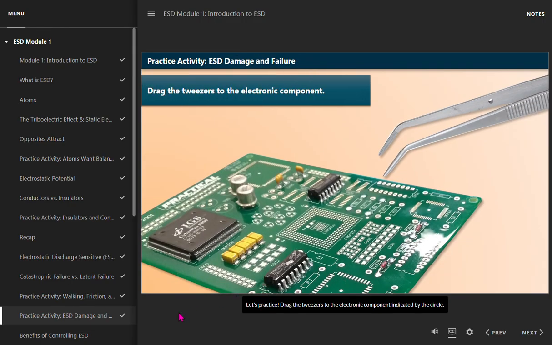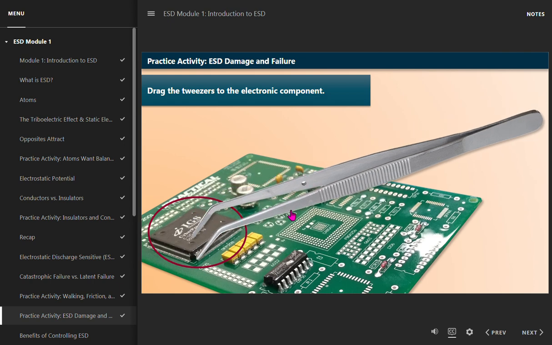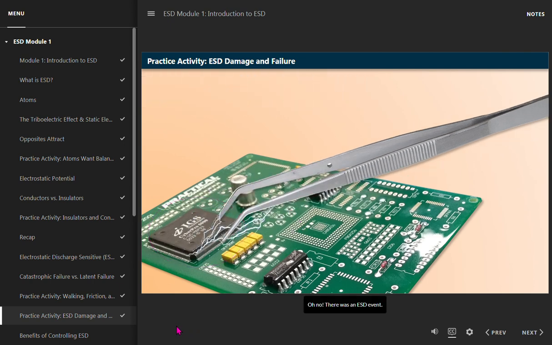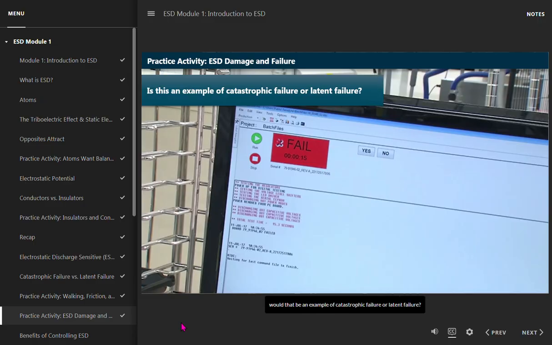Let's practice. Drag the tweezers to the electronic component indicated by the circle. Oh no, there was an ESD event. Now, if this same assembly failed inspection, would that be an example of catastrophic failure or latent failure?